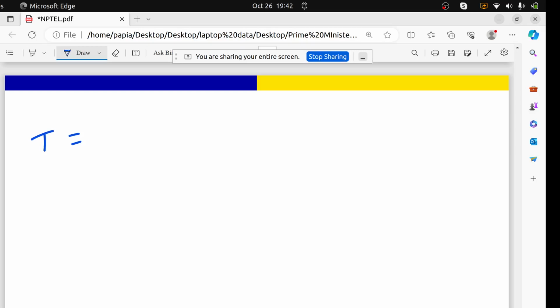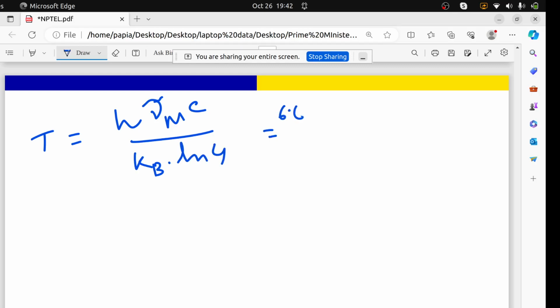T is h nu m tilde c by kB into ln 4. Now you can see h is 6.626 times 10 to the power minus 34, in terms of joule into second.